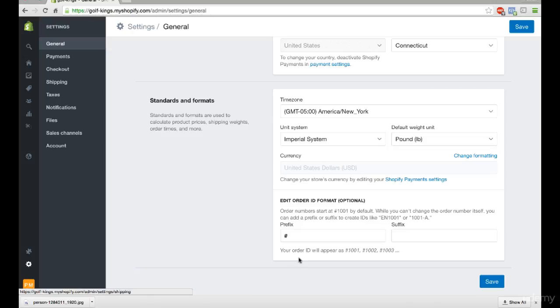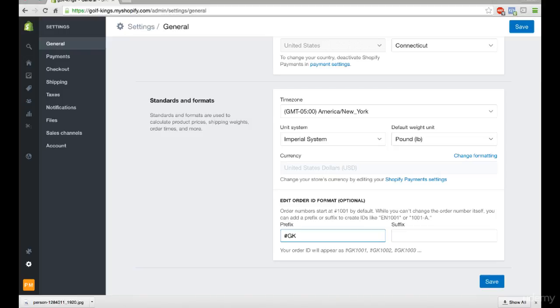And one thing that I like to do, since I do handle several e-commerce stores, I do like to put a prefix down here in front of all my orders. So in this case, I'll put GK so I know when I get emails and other inventory notifications, I know that this order came from Golf Kings.